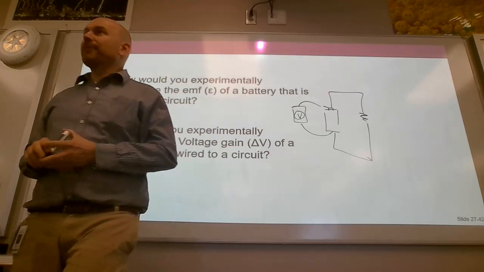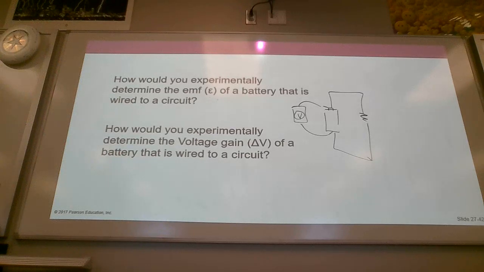It'll read something different because the internal resistance is happening on the inside. So if you just hooked it up straight to the voltmeter, does that ignore the internal resistance? Yes, because the voltmeter has a really high resistance. That makes sense. Okay? Good with that?